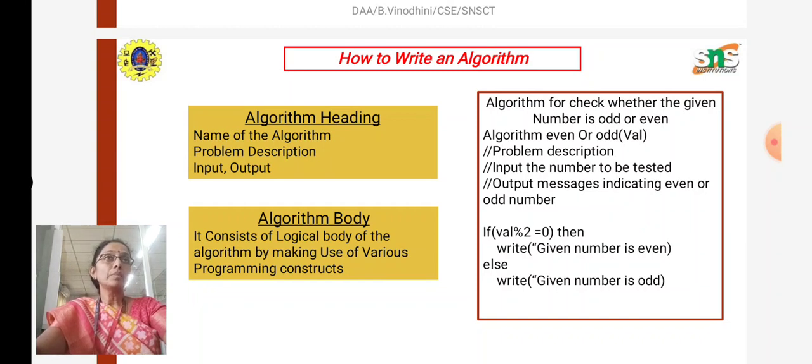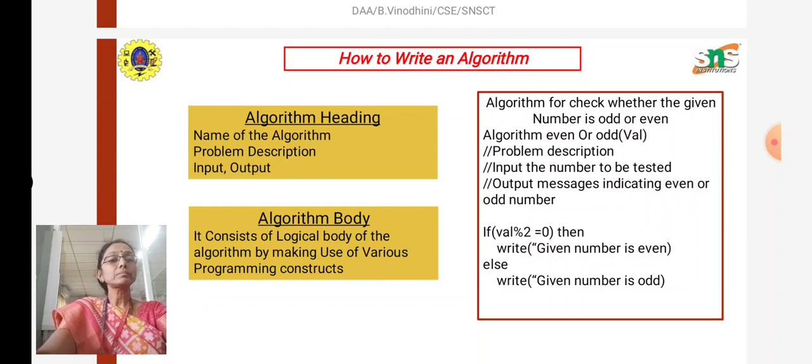Then we take the modulus of that value with 2. If the modulus of 2 is equal to 0, the given number is even, otherwise it is odd. So this is the algorithm for checking whether the given number is odd or even.